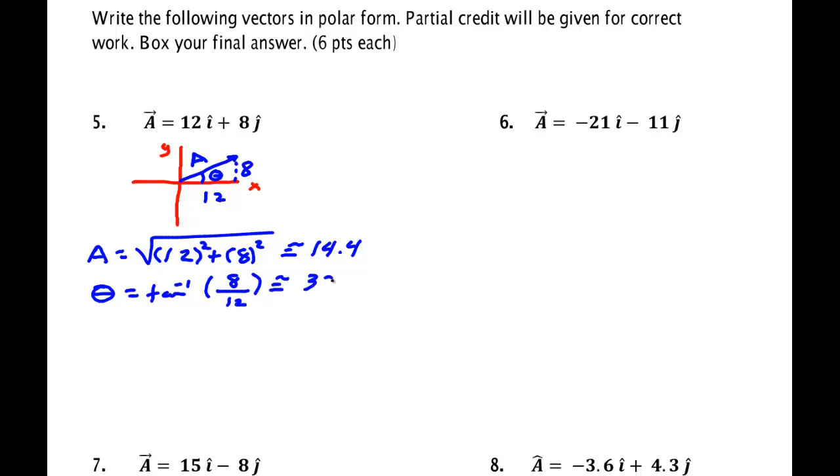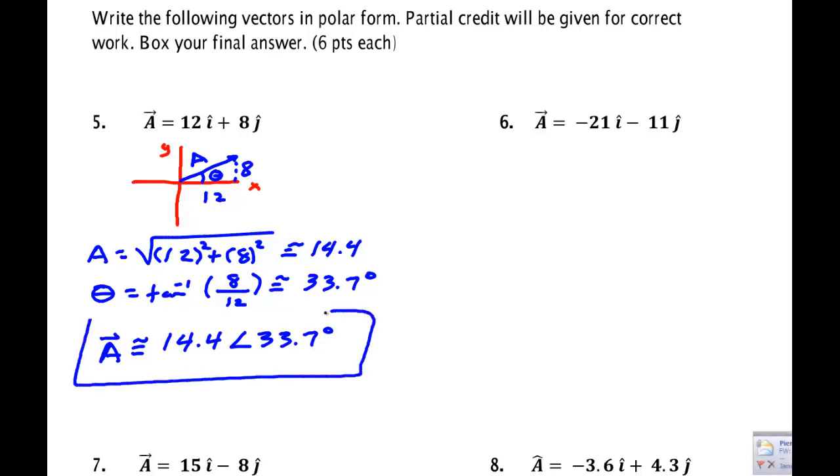And that gives me 33.7 degrees. So A is 14.4 at an angle of 33.7 degrees. And that takes care of that. All right, number 6, same sort of thing.